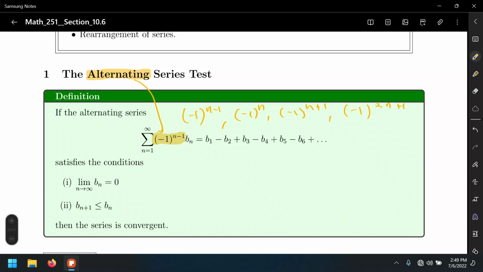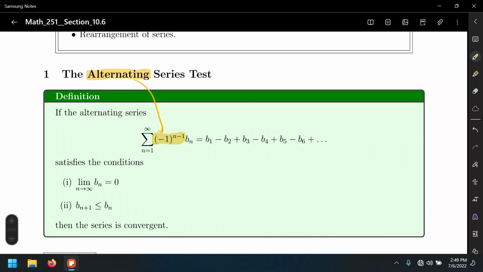There are many ways to represent an alternating series by these alternating factors, and for the simplest case, the terms go positive, negative, positive, negative. So that's what an alternating series is. Or negative, positive, depending on how the series is defined.